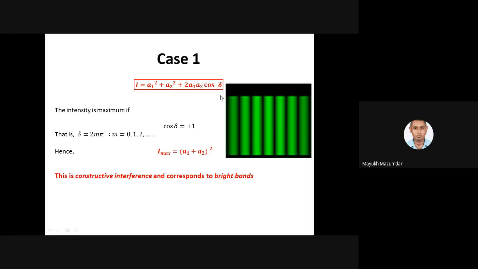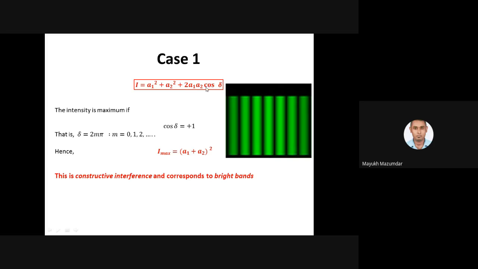What I said, the only term responsible is the third term. And in the third term, you see there are many things. 2 is constant, A1, A2 is constant. So the only thing that has a provision to change is cos delta. In this entire equation, only cos delta can have different values. That is, it can vary.